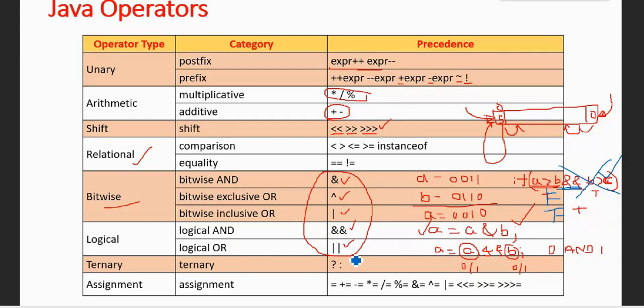Sir, if we use logical operators for other than true or false, will it give an error or an output?